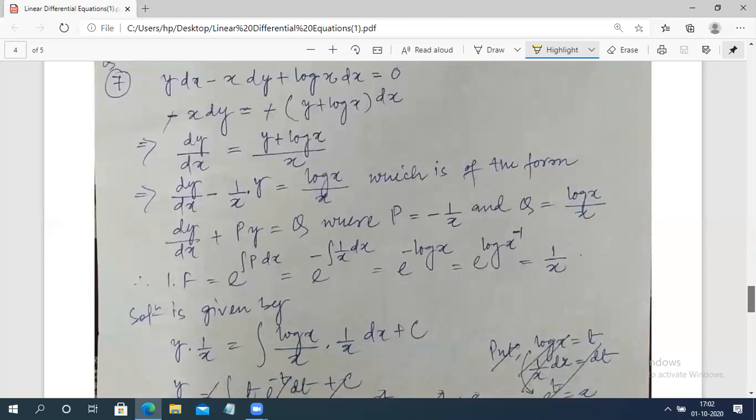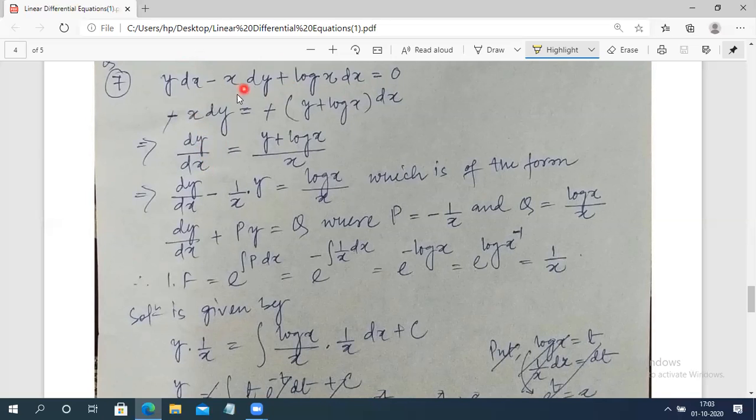Now the next question is question number 7. Here you can see y dx minus x dy plus log x dx is equal to 0. So first, try to reduce this equation in the form of dy by dx.